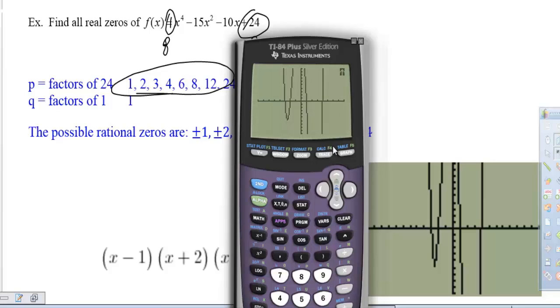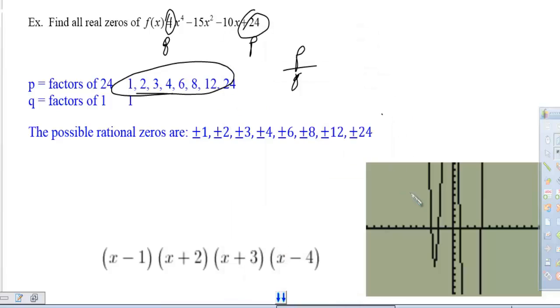And then I can easily find these on the calculator. It looks like there is one at -3, -2, at 1, and at 4. So again, I see these right here at 1, 2, 3. That's -3, -2, 1, 4. So my roots are my zeros.